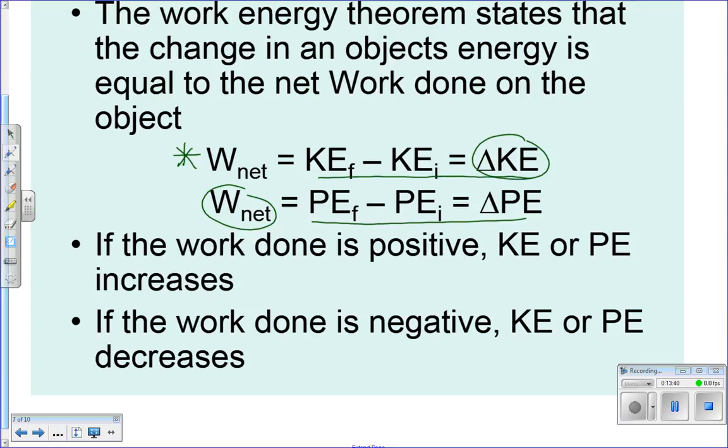So, for example, if you lift something up, it now has more height, and so its potential energy has increased. If you set something down, you've decreased its height above the reference level, causing its potential energy to decrease.